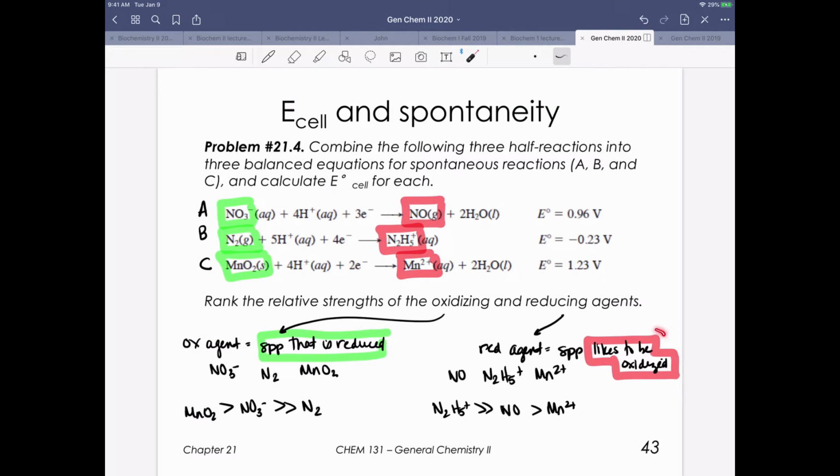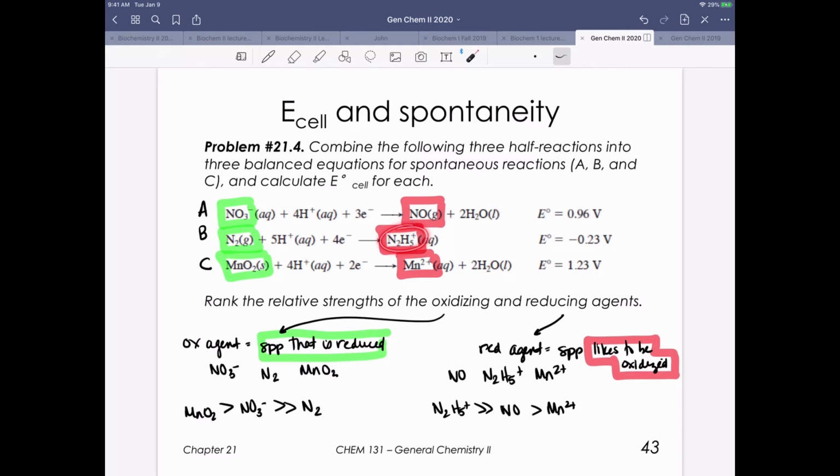Now let's look at the flip side. Let's look at these in terms of oxidation reactions, remembering that something that is going to be oxidized is a reducing agent. So in this case, we want to think about, looking at if these were positive E cell values, which of these most likes to give up electrons, right? This is going to be the most positive E going in that direction, right?